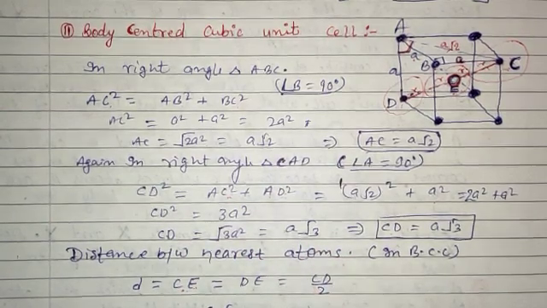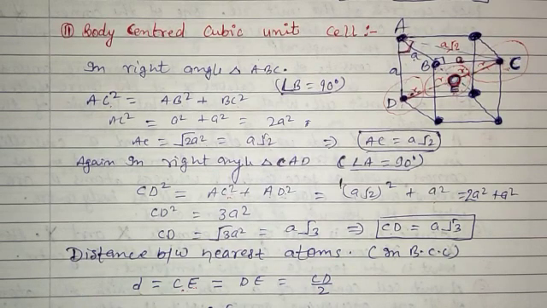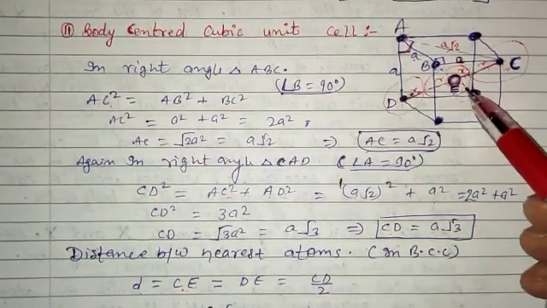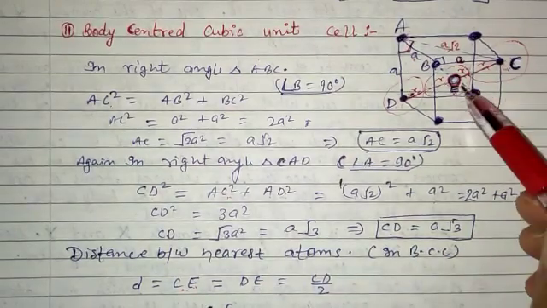Okay, and dear students, after that in body centered unit cell, the distance between two nearest atoms, take CE.